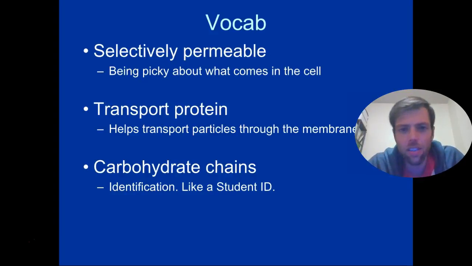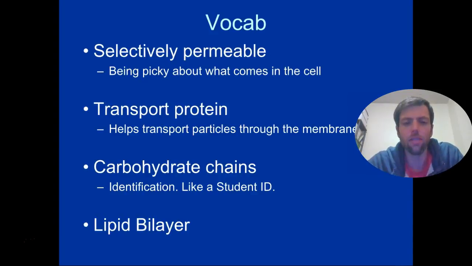And if you don't have the same carbohydrate chains, then eventually the body's defense mechanism is going to come along and attack you. So carbohydrate chains aren't as much involved with getting things in and out of the cell as with identifying the cell to the rest of the body. And then finally, lipid bilayer is a phrase that you're going to hear us toss around a lot. Again, lipid means fats, bilayer means 2.